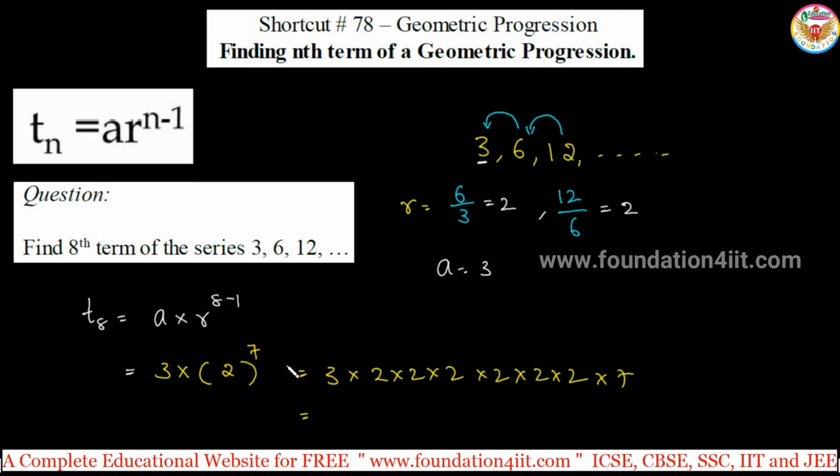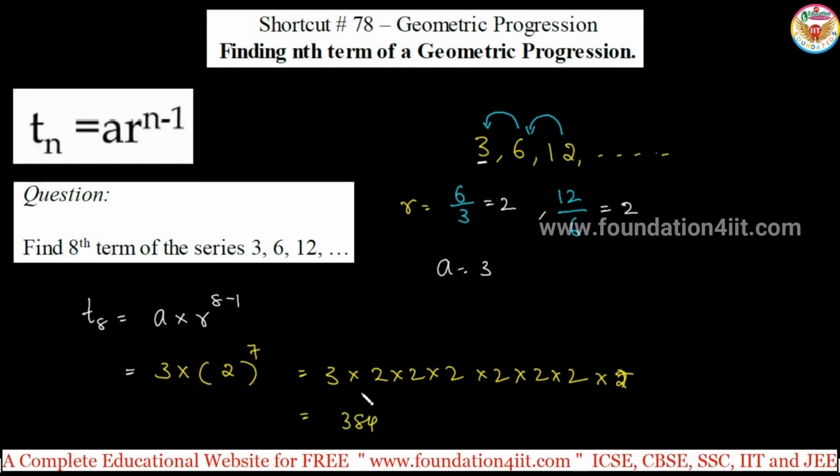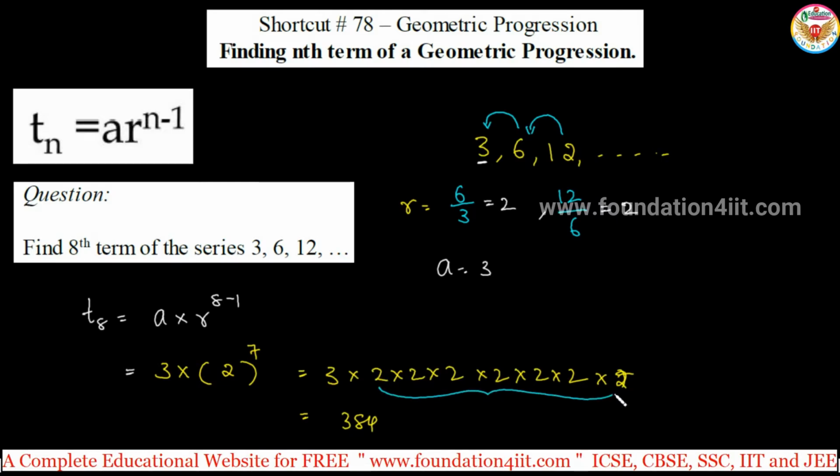Yes, we can multiply everything. That is the 8th term in the series. So 3 into 128 it is. 2 to the 4 is 16, 32, 64, 128. So 8 minus 1, so 7 times. The total is 384. Same as we did, because this part you can simplify.